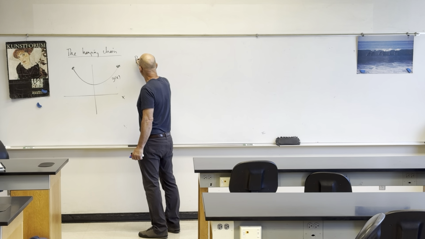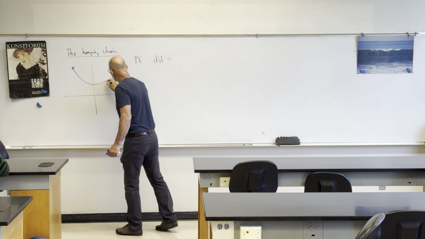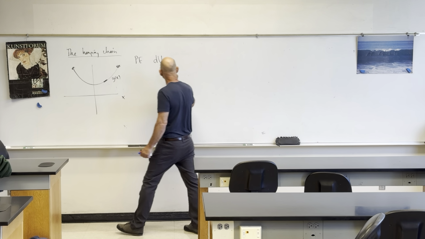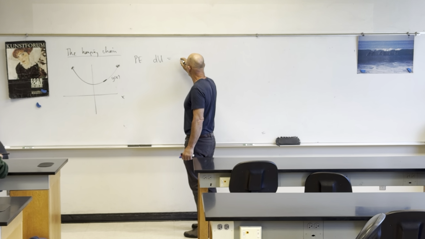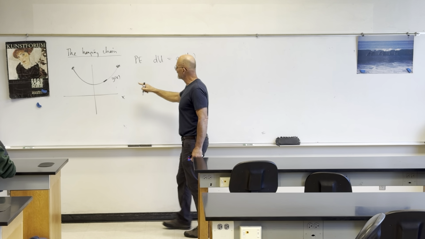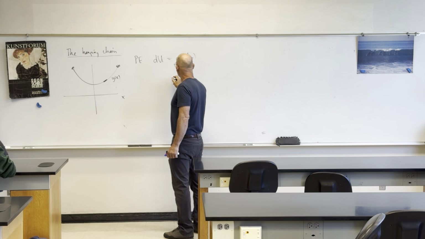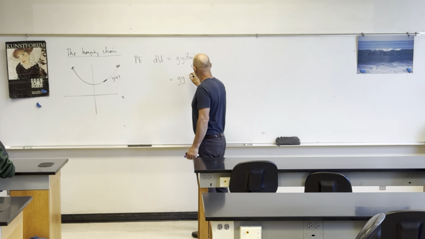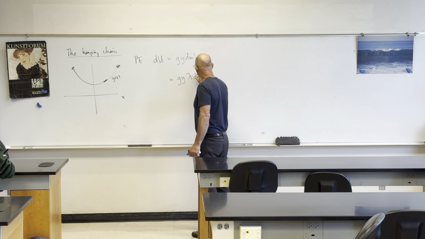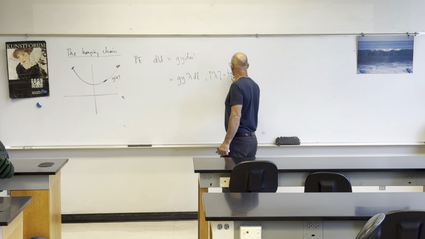So potential energy, I'll say a little piece of potential energy of a chain here, of a section of chain, is going to be G times Y times dm, because I'm adding up little links of the chain. And we can say that'll be G times Y times lambda dl, where lambda is kilograms per meter, right?